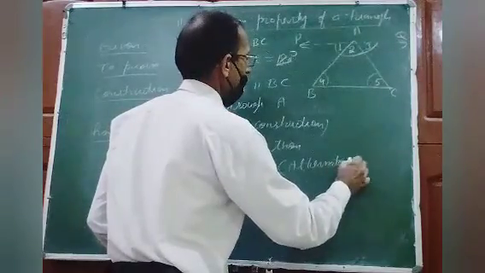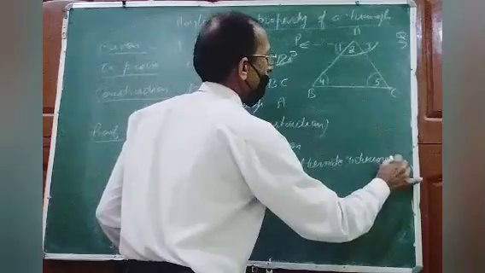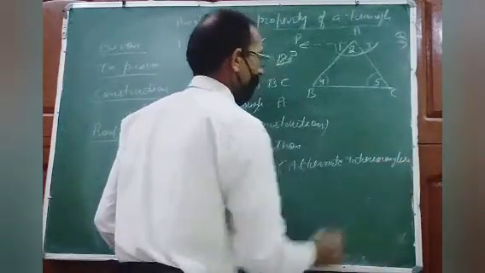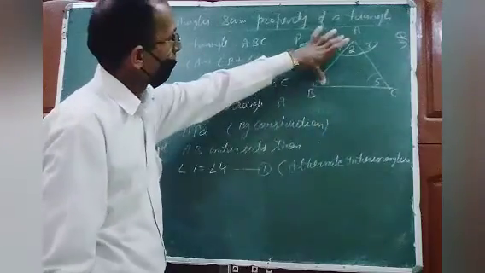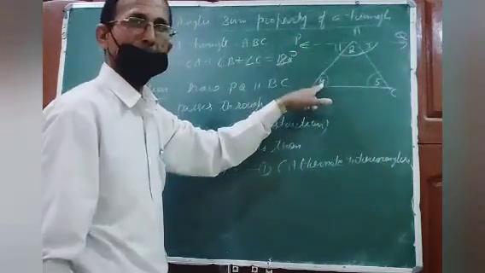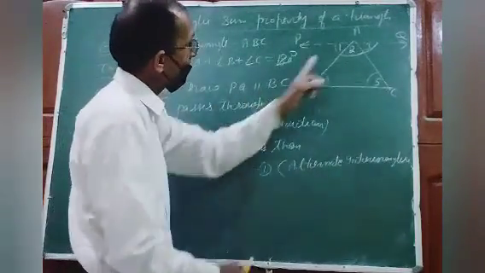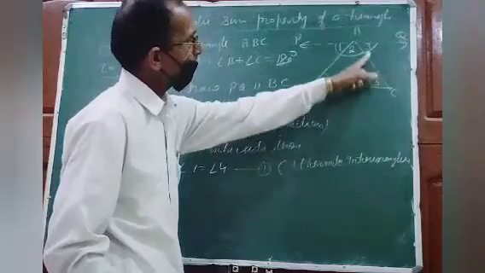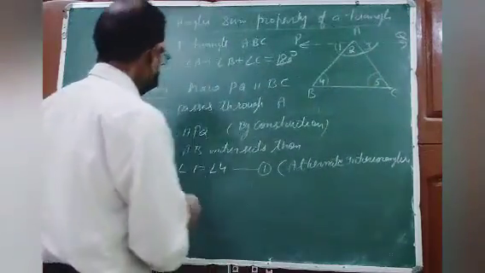Alternate interior angles. Angle 1 is equal to angle 4, because two parallel lines are intersected by a transversal line. Similarly, no need to write all these things, we can prove angle 5 is equal to angle 3. This is also an alternate interior angle.